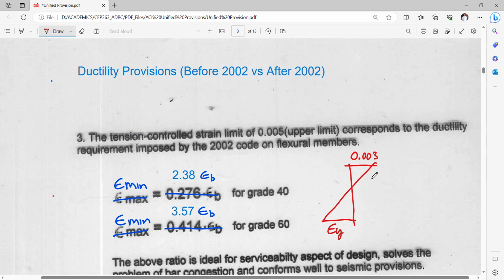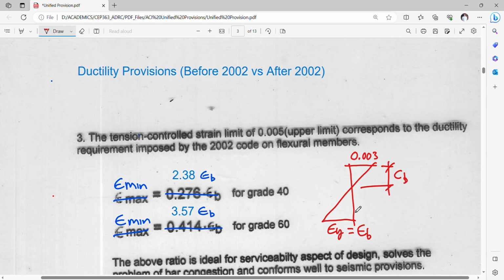So your balance definition is actually exactly the yield behavior of your steel here. So this epsilon y gives you the balance condition as far as your steel strain is concerned, and this also gives you the location of the neutral axis at the balance condition.